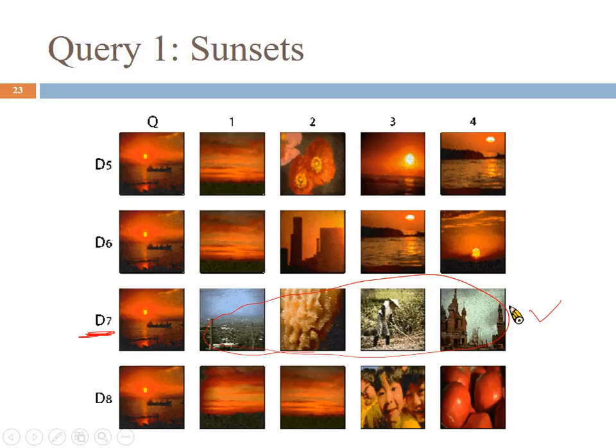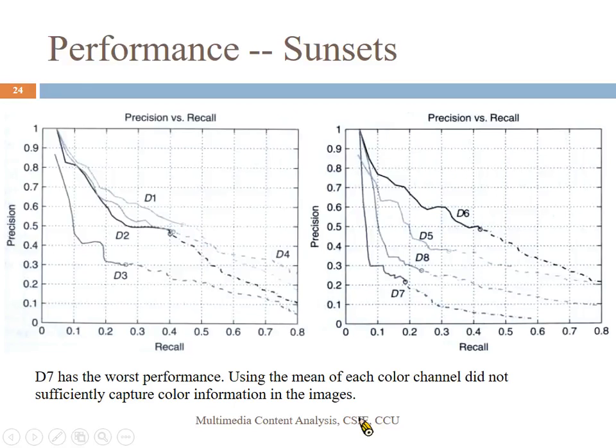So don't even try to represent an image based on average red, green, and blue. Don't even try it. The result would be very bad. And how about representing an image as variance? The result is also bad. So simple features would give you bad results. That's a general guideline.